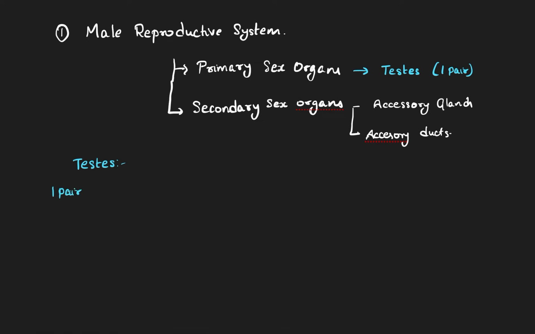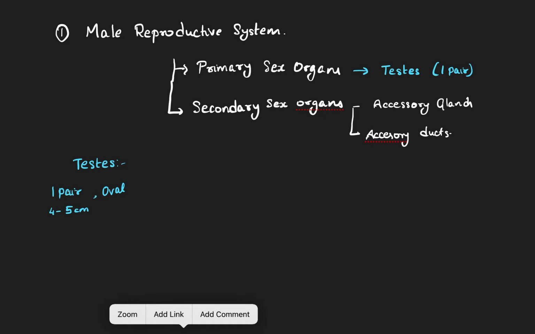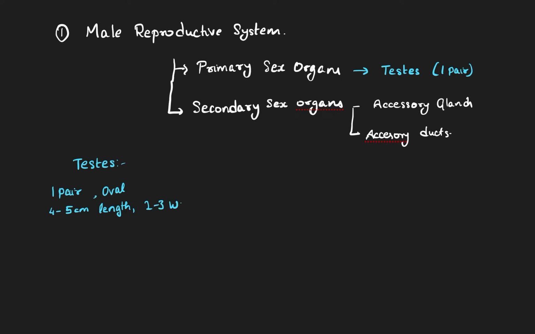So there is a pair of testes, and the shape of the testis is oval. They are oval shaped, and the size is 4 to 5 centimeter in length. And when you talk about the width, they are 2 to 3 centimeter in width.